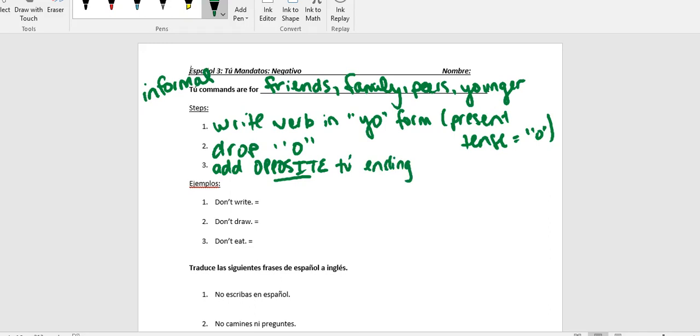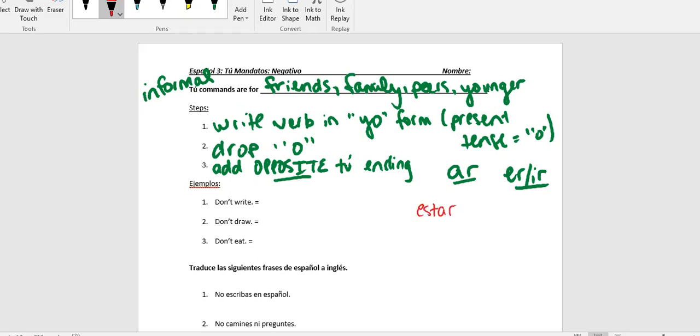So now if you're kind of thinking to yourself, I have no idea what that means, I'm going to break it down for you. So we know we have 2 types of verbs, AR and ER-IR. So when we're talking about opposite to ending, I want you to think about the verb estar. Okay?